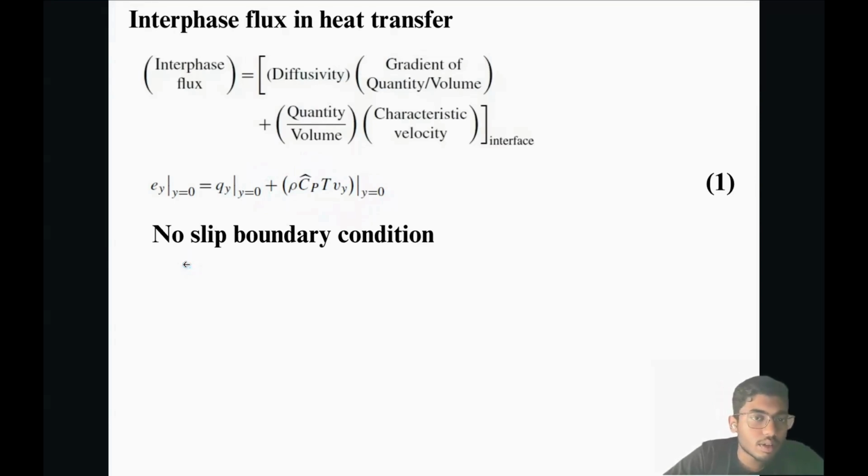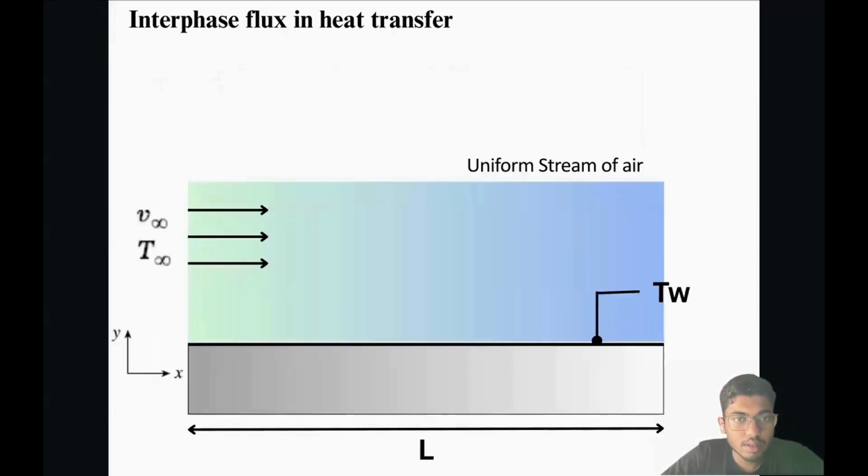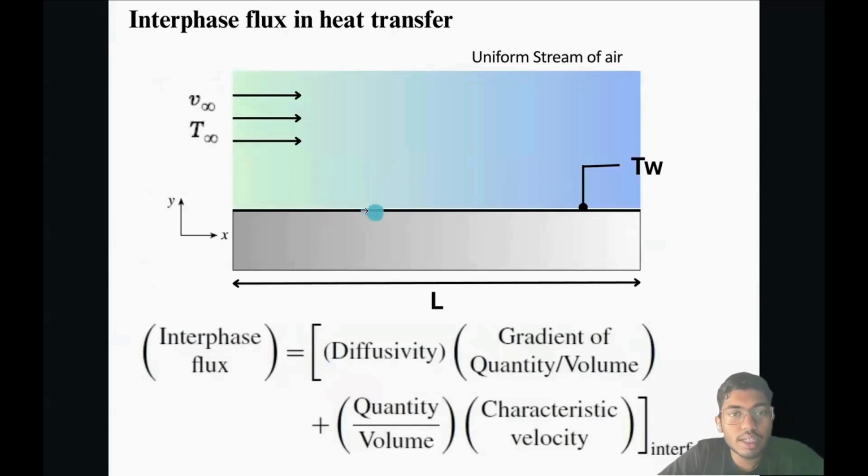Now, if you look closely, the first layer above the plate of length L would have zero velocity. This is our assumption, and it is a condition that we can see also, because the first layer would feel the friction from the plate.